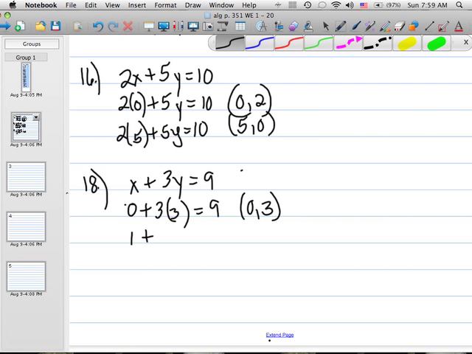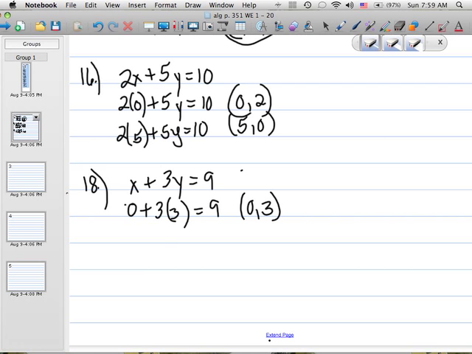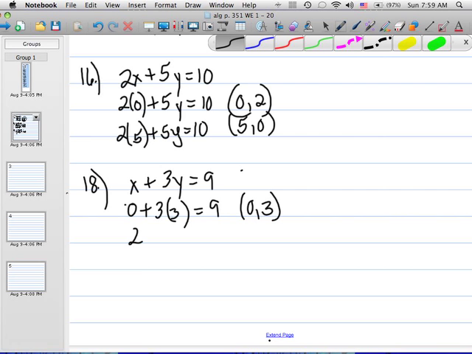There's nothing times 3 that makes 8. 2, I would need a 7. If I put 2 here, I would need this to come out 7. There's no way to get that. If I put x as 3, then I would need a 6, and there is a way to get that by multiplying by 2. Let y be 2. That will work. So 3 and 2 would work.